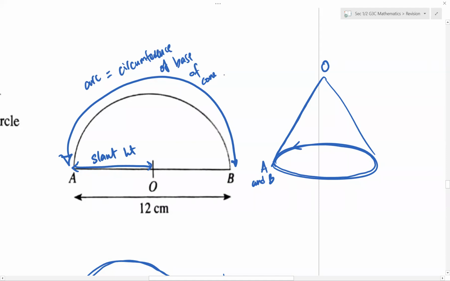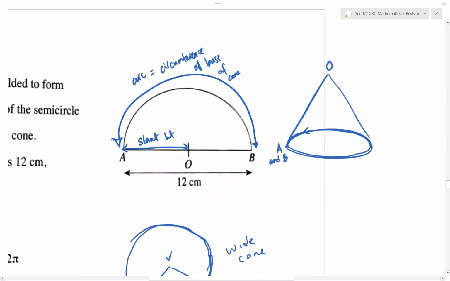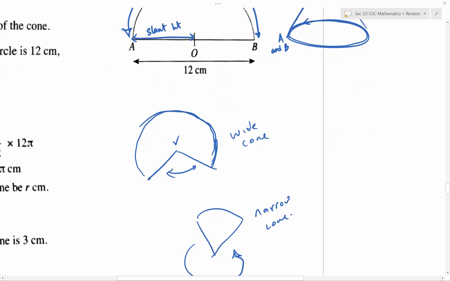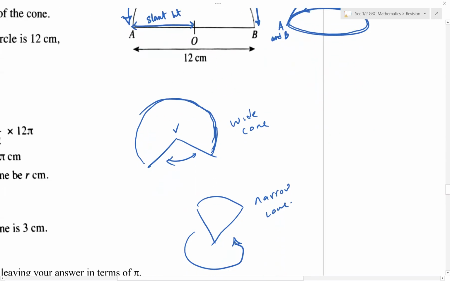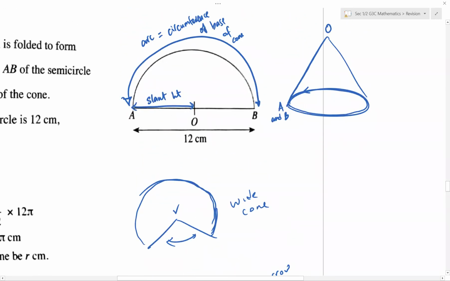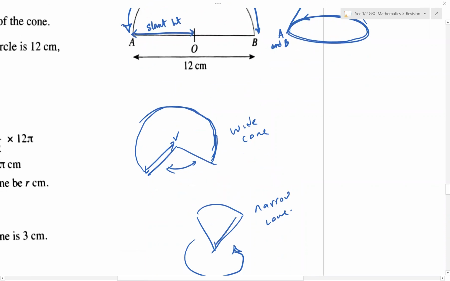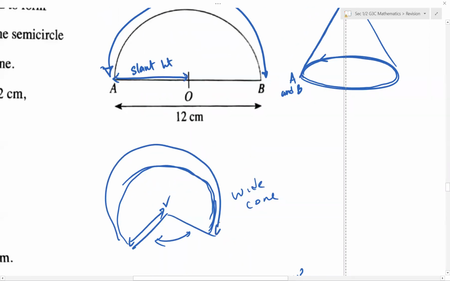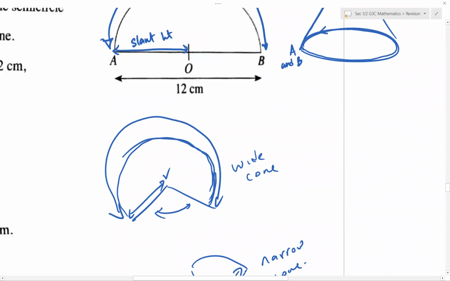So this is what happened in all cases where we have our big sector, our small sector, or half a circle. All of the radii over here are going to be our slant height for the cone. All of them, slant height. All these arc lengths are going to be the circumference of the base of your cone that is formed.